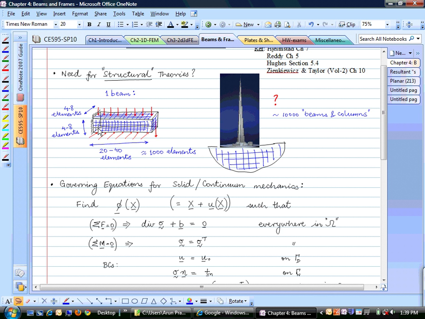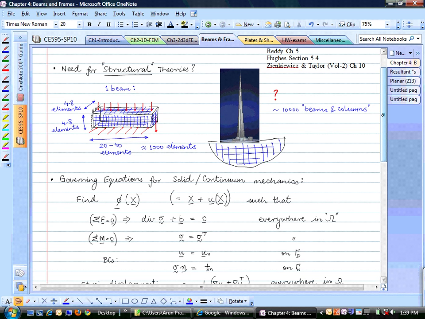Instead of just one element, we can model it with a line of elements, a line of beam elements. And in order to do that, what people did very first, long back, when people started to study bending problems, they saw that if you have a problem like this, a cantilever beam, and if you apply an end load, when it bends, almost the entire deformation can be captured by one line, and the rest of the problem you can express in terms of the deformation of that one line.